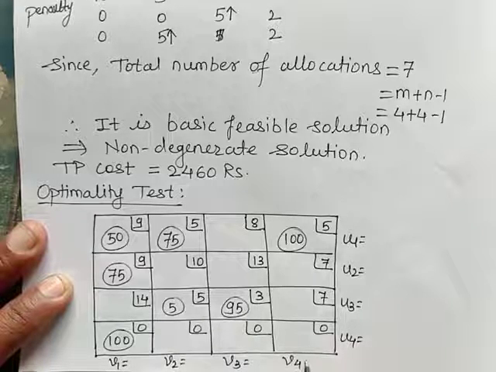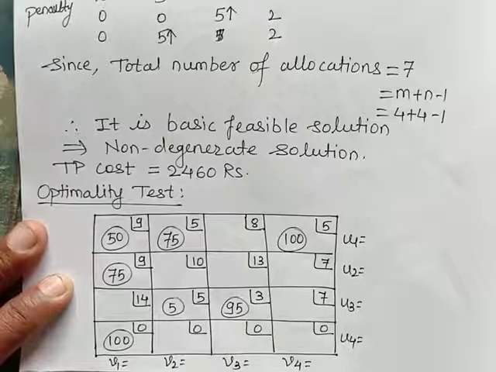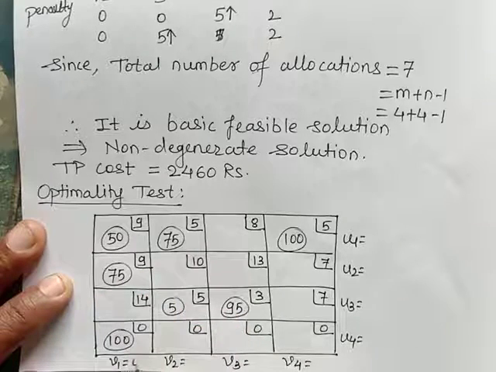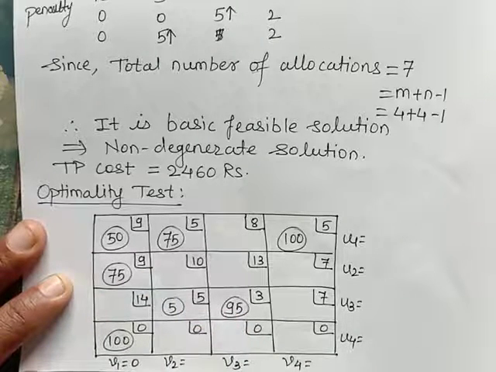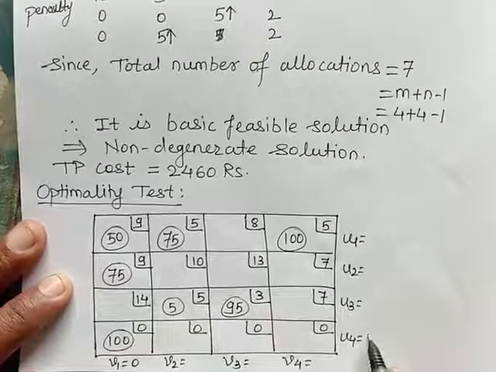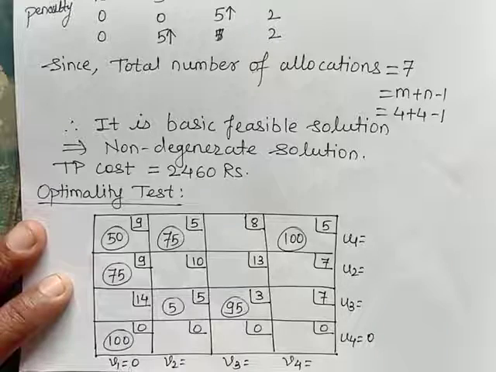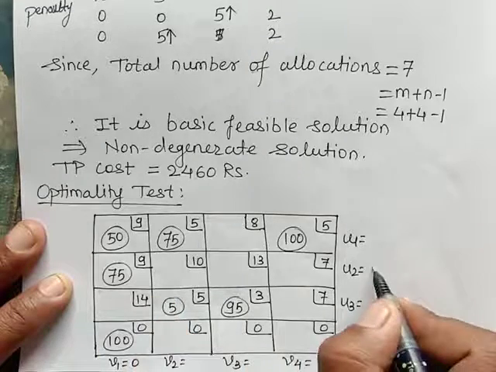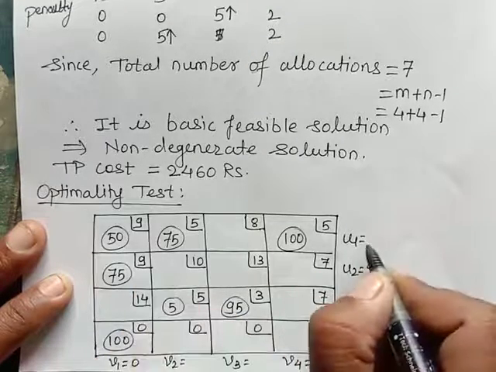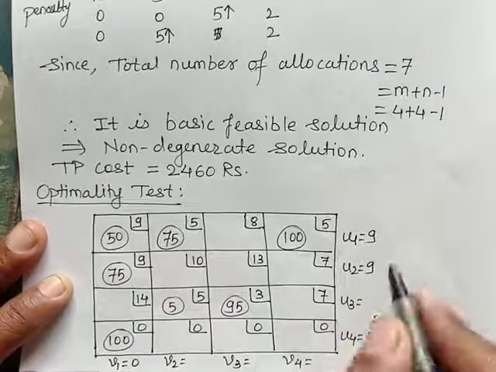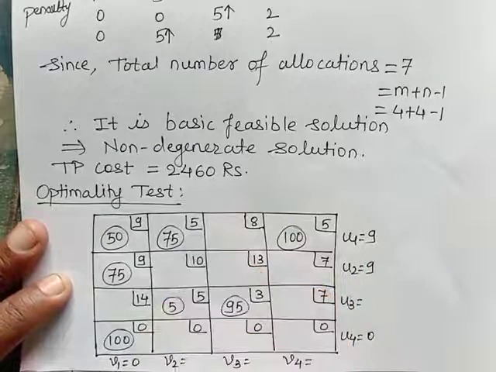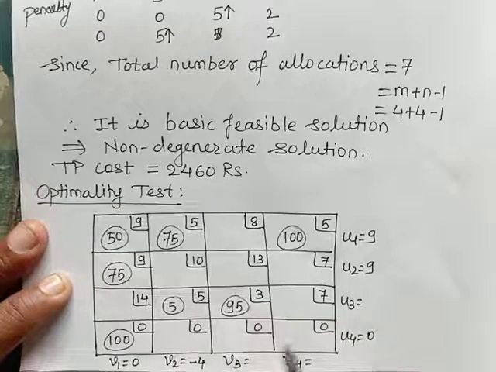Let's determine them. Okay, so this column has 3 allocations, so let me take V1 as 0. So V1 is 0, then U4 is 0, then U2 is 9, and U1 is also 9. Now U1 is 9, so V2 is minus 4, and 9 minus 4 will be 5.